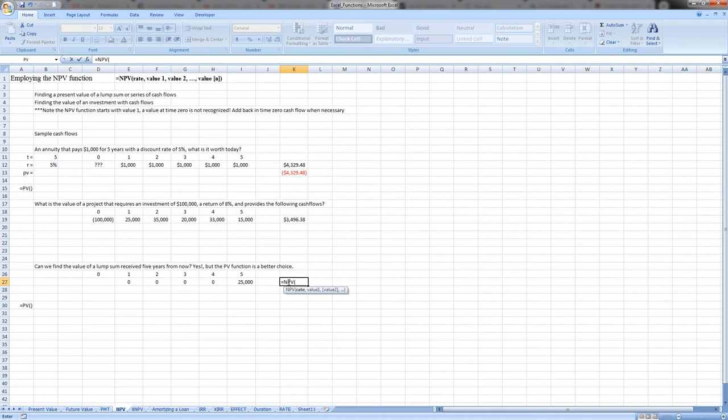Technically we don't have a rate given. Let's just select a rate of 8%, and we want to see what this future value is worth. Now note, because we're not receiving this amount till year 5, we have to have 0 values for years 1 through 4. If we just selected 25,000, Excel would view this 25,000 as occurring at time 1, not time 5.